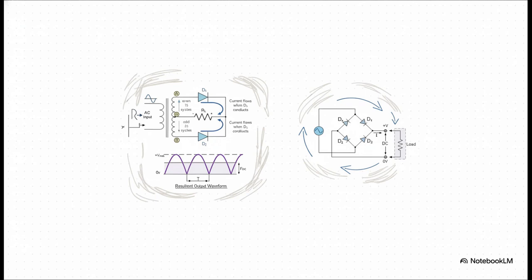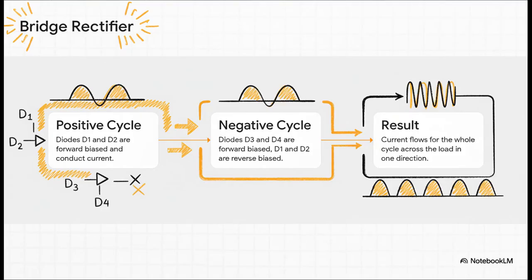And two main designs came out of that idea. There's the center tap rectifier, which uses a special kind of transformer and two diodes. But the more common and frankly more elegant solution that you'll find just about everywhere is the bridge rectifier. It uses this really clever arrangement of 4 diodes. So how does this little diamond of diodes work its magic? It's brilliant. During the positive AC cycle, 2 of the diodes, let's call them D1 and D2, switch on.